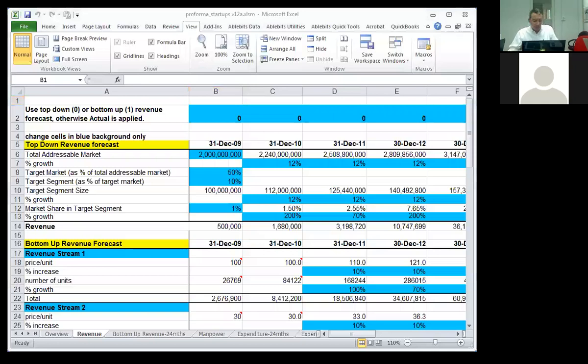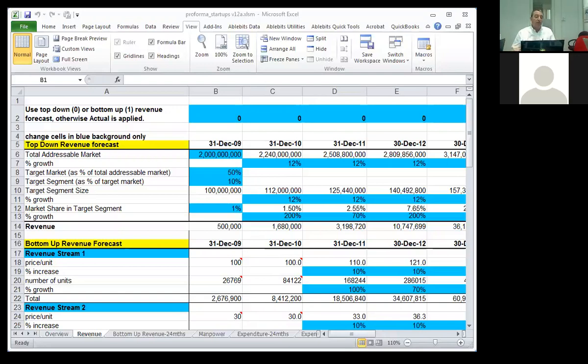Why? If we have got the same result using 2, let's say, independent methods of doing the forecast, this makes our confidence in the result a lot greater. Now, it doesn't mean it's right, like we talked about yesterday, but it will be more defensible.